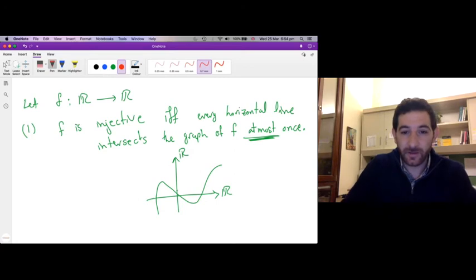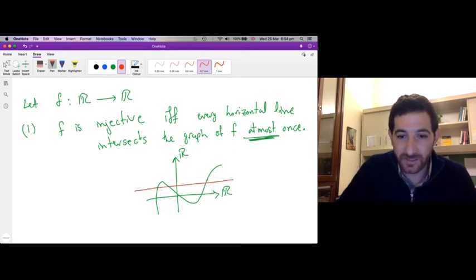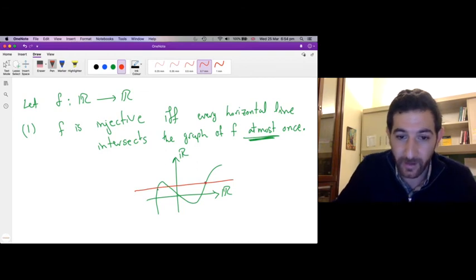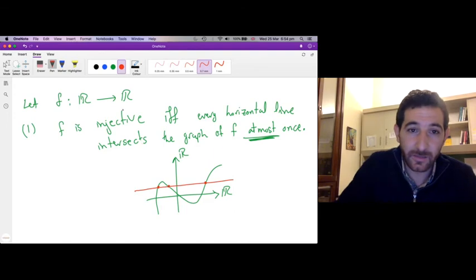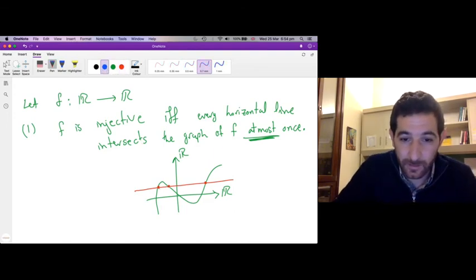Suppose we have a horizontal line, say the red one, which intersects the graph more than once, so 2 times or 3 times. What does this mean? It means that there are 2 points or more, so this point and this point.